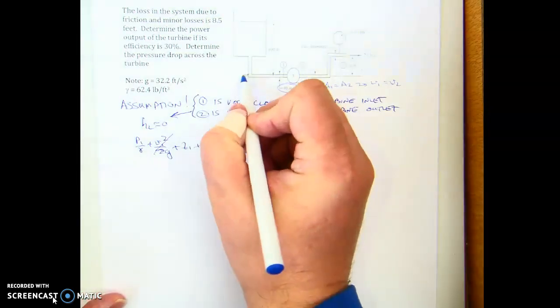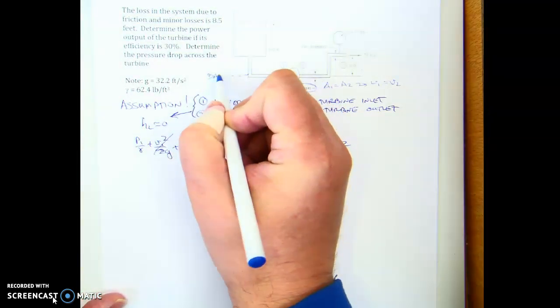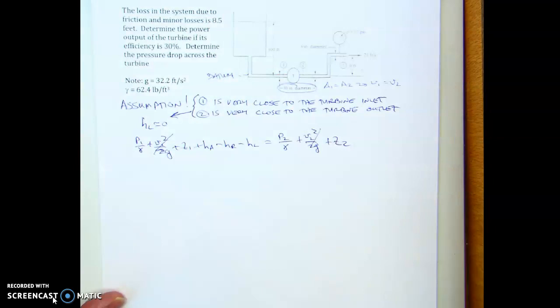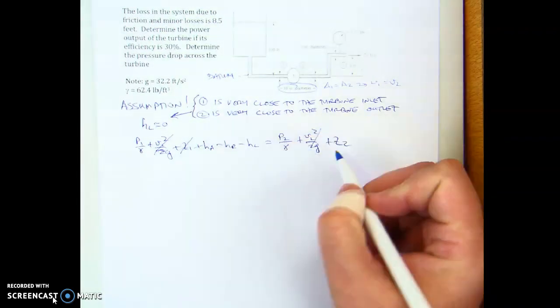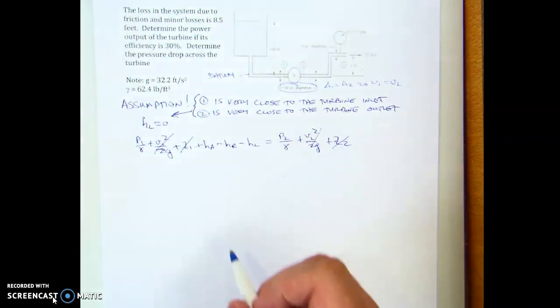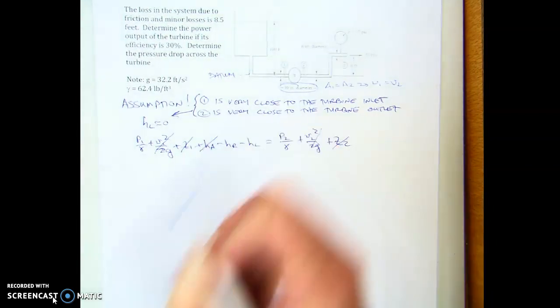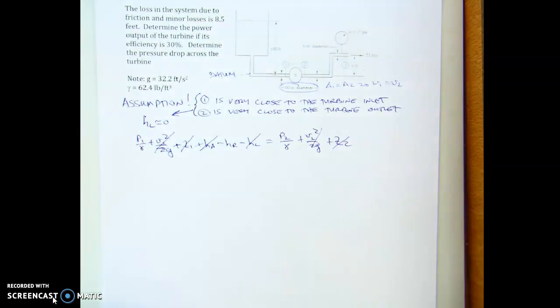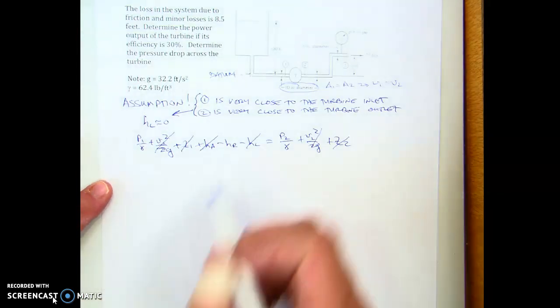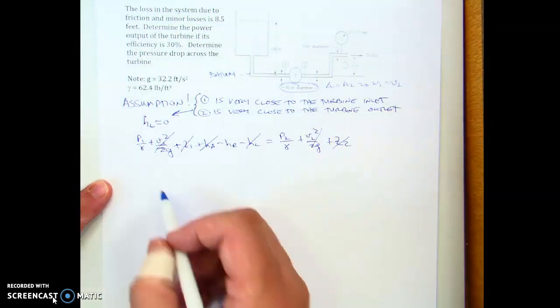And if we take our datum here, we can say that point 1 and point 2, the Z values are both 0, or we can just observe that they're at the same height and that they cancel. So they're gone. HA is gone, no devices adding energy. HL, we said, because of this assumption, is pretty much 0. So HR stays in for our turbine.